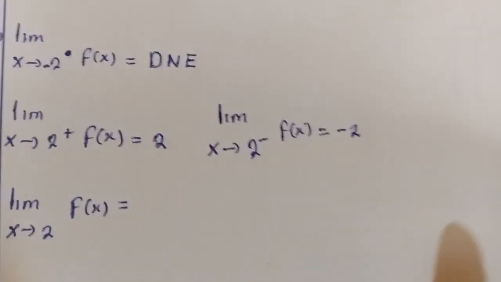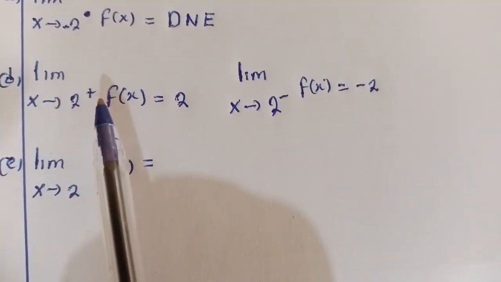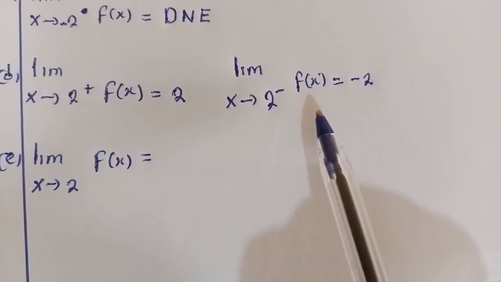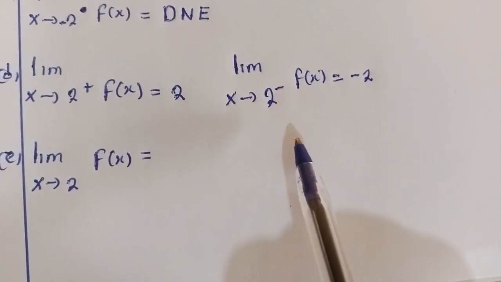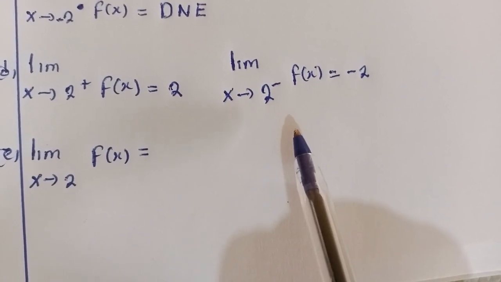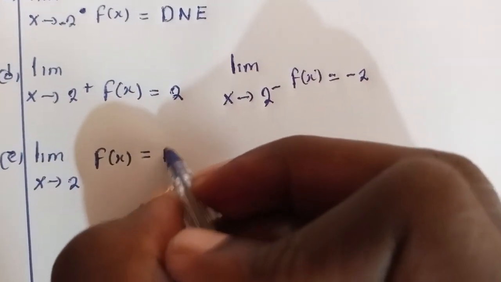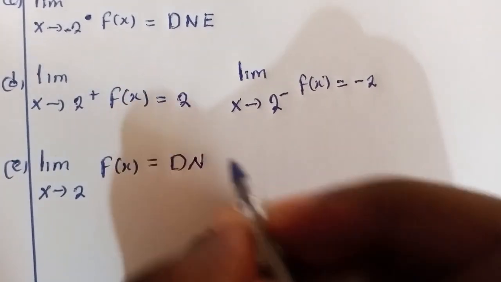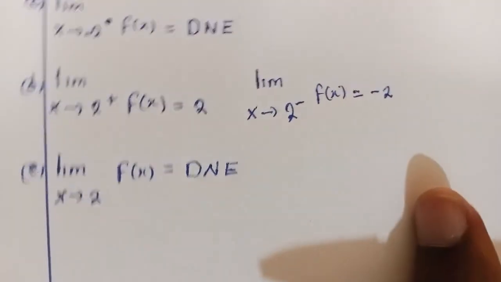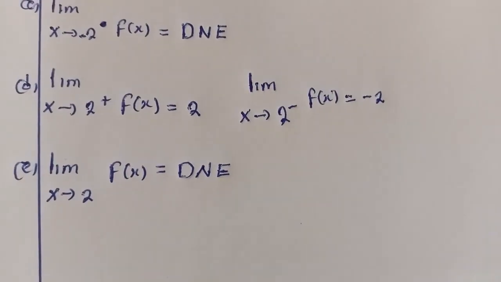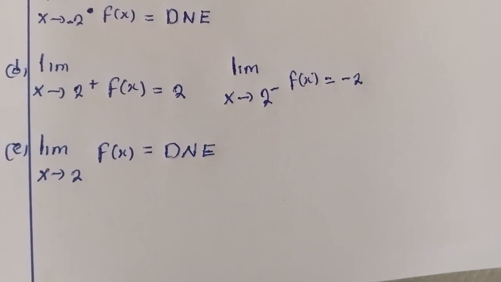What does this tell you? If you approach a limit from the positive hand side and from the negative hand side, it must give you the same value for it to exist. But in this case, we have 2 different values. Therefore, we say that the limit does not exist. Okay?